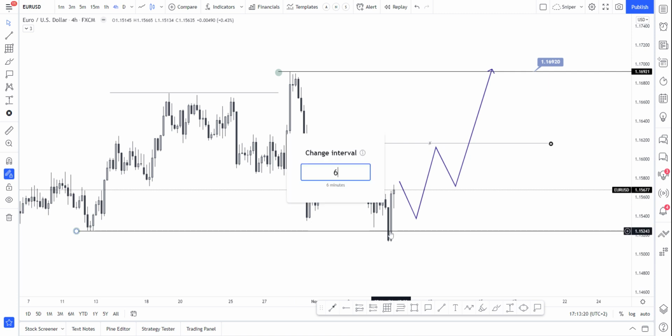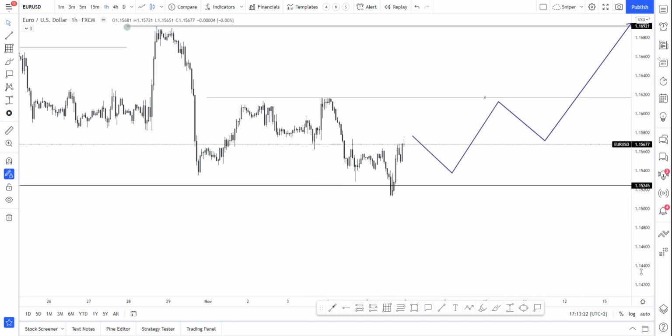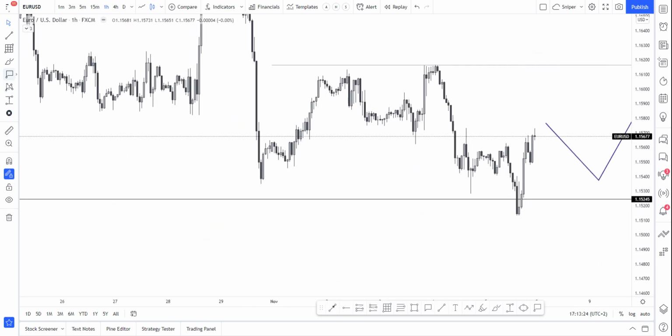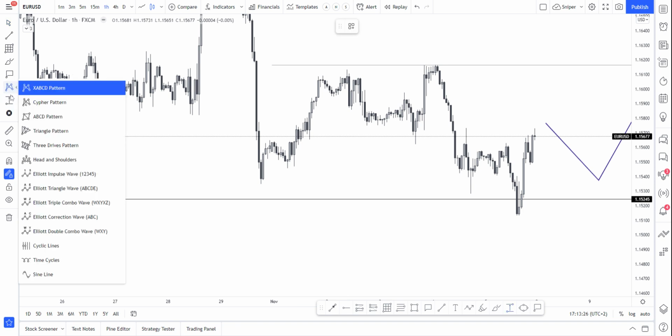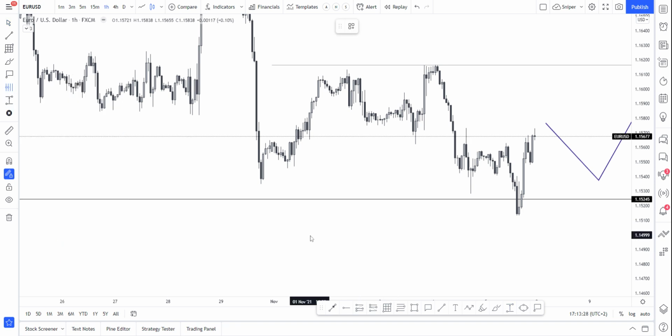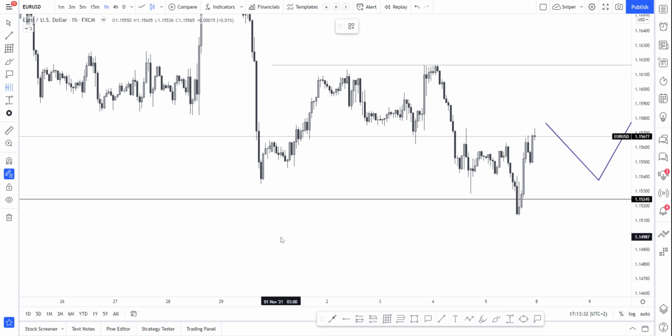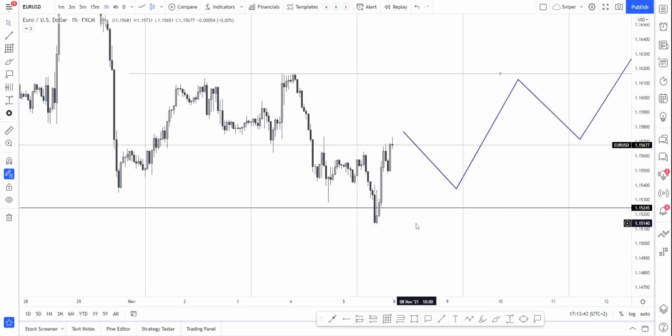What we can do is plot the days. If you go to the left and use the cyclic lines, go at 6 a.m., which is London, New York open, all the way to the next 6 a.m. Then we have our days set out.